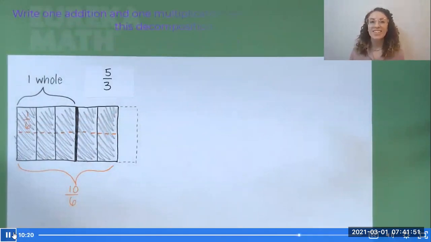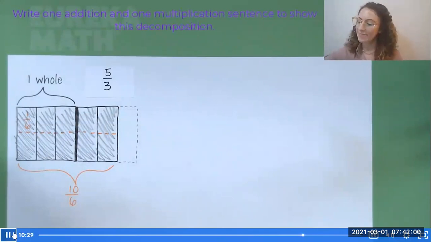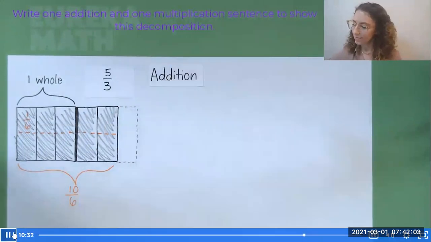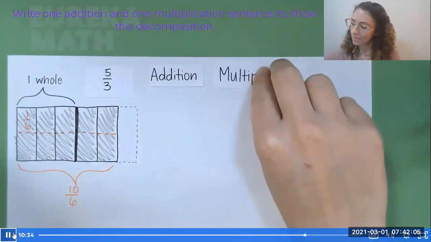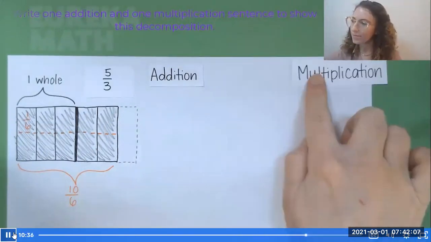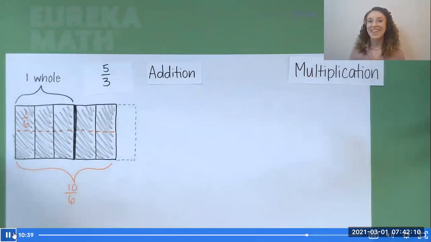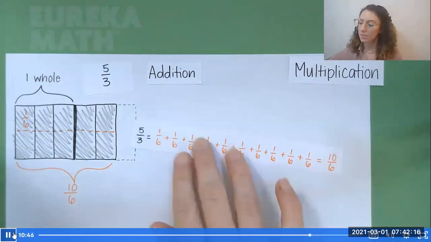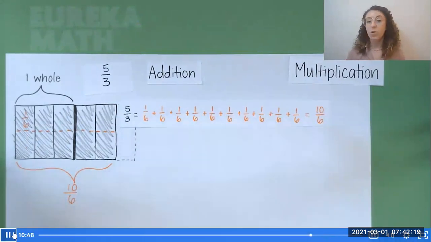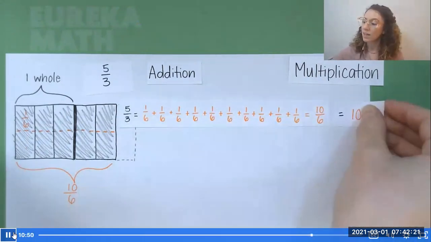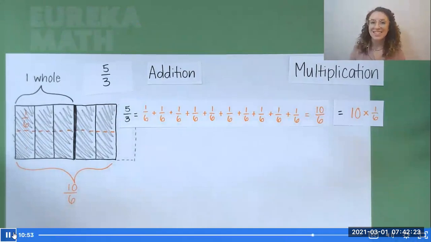Finally, write one addition and one multiplication sentence to show this decomposition. Here are some examples. You could show that 1/6 was added 10 times, which would be 10 times 1/6 as multiplication.